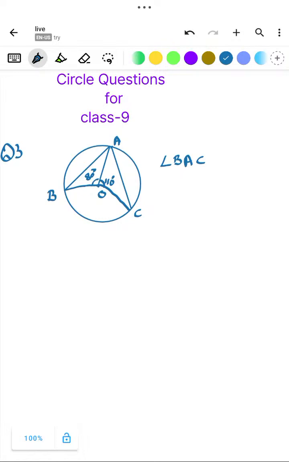So this is also very easy to solve. You just have to apply the circle theorem and you will be able to find the answer. You have to find this angle here. This angle is 80, this angle is 110.